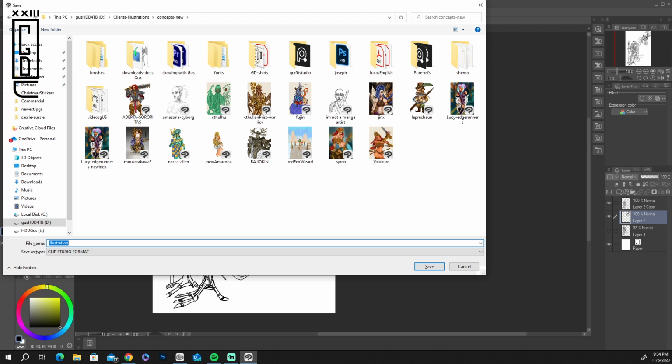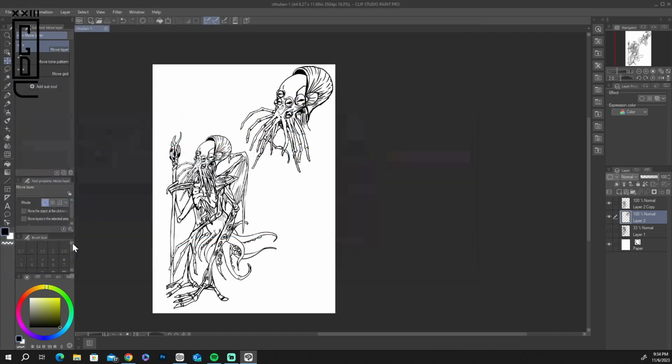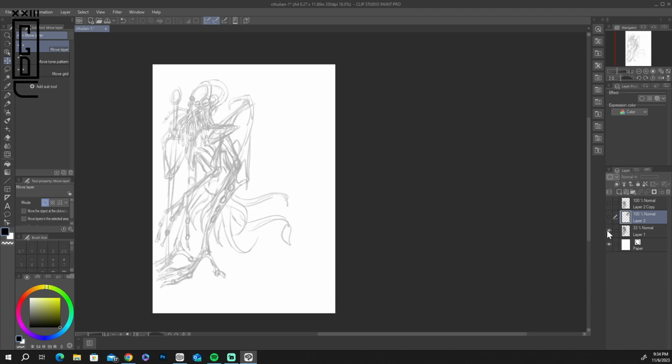This is a Cthulhian. So we start the concept.